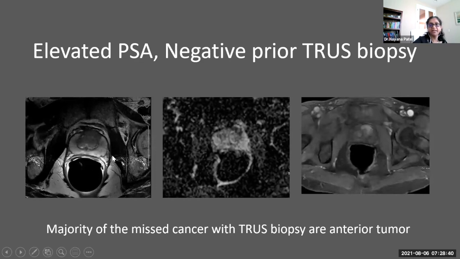And you can see why: the TRUS biopsies are done with the probe in the rectum, and the anterior tumors are located away from the rectum. So there is a risk of missing these anterior tumors, which is really high with TRUS biopsy.